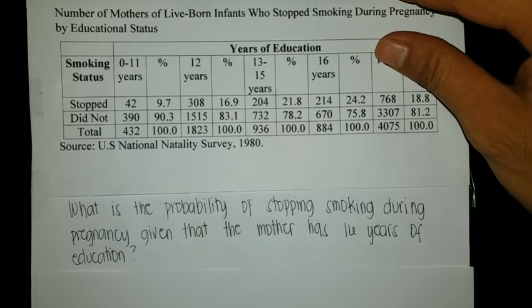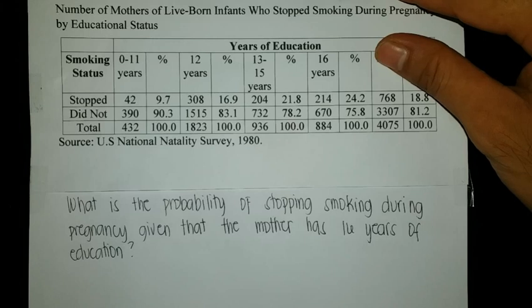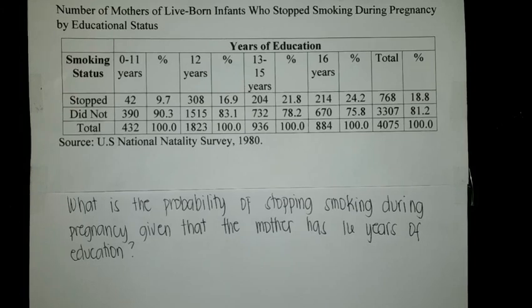So, let us find the probability of stopping smoking during pregnancy, given that the mother has 16 years of education. But before that, let us first identify our events. Let us denote A as the event of stopping smoking during pregnancy.